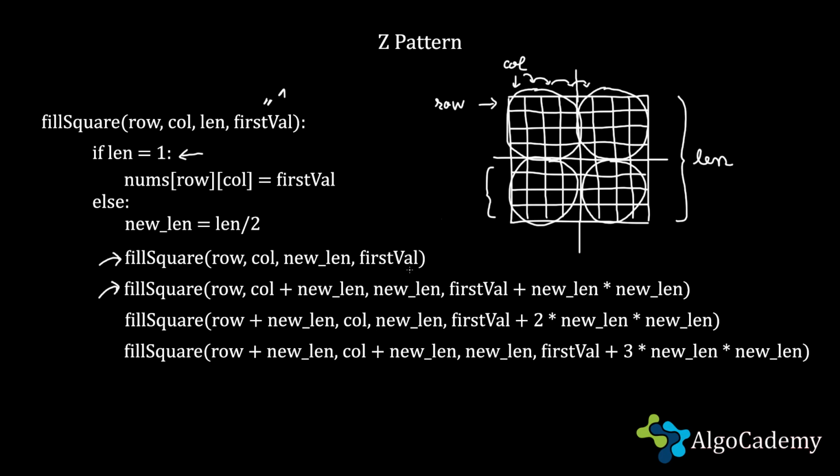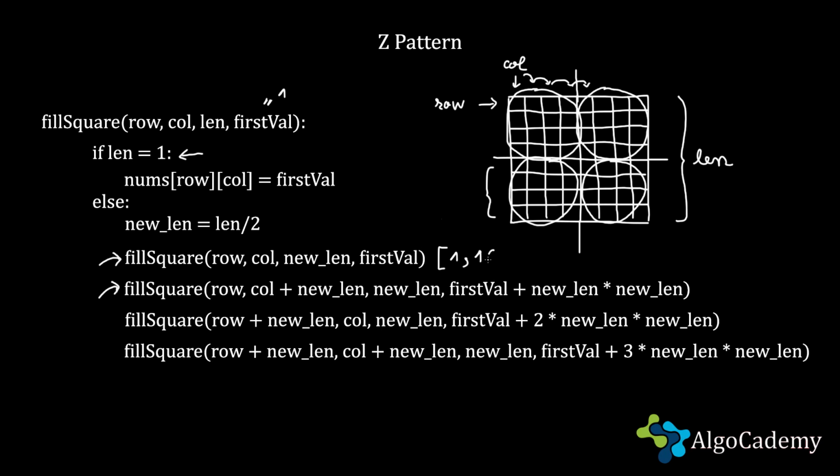So in this call, we have basically filled this first quadrant with all the values starting from first val, which is 1 in our example, and all the way to first val plus the new len squared. The new len is 4, so 1 plus 16 minus 1.